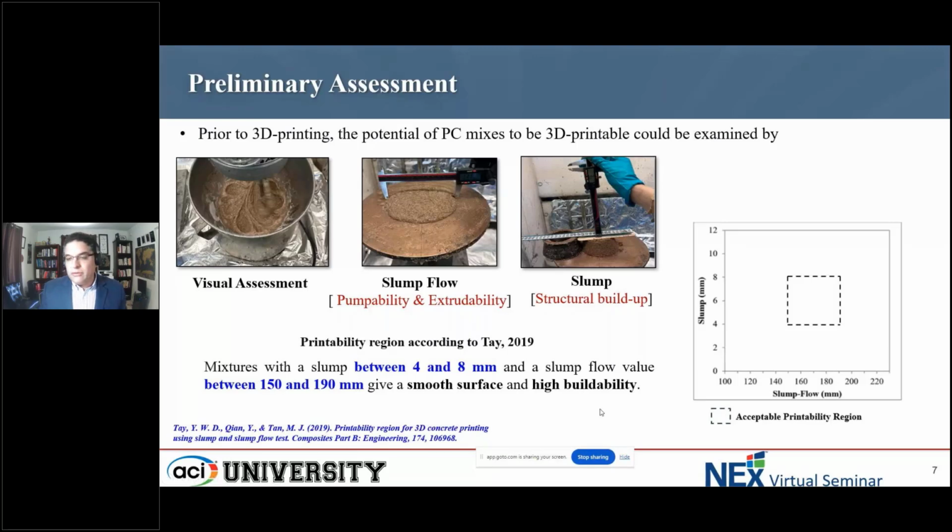So we do this test. Now, this is not cast in stone. It depends on a lot of variables and the different materials we include in the nano-modification of the polymer. However, at the end of the day, usually if you are in that window, you should be able to get a good printable concrete. So that's the first thing we do once we come to a mix design for our polymer concrete.